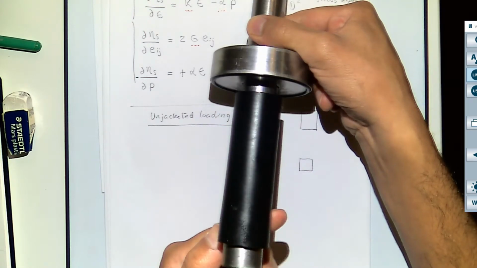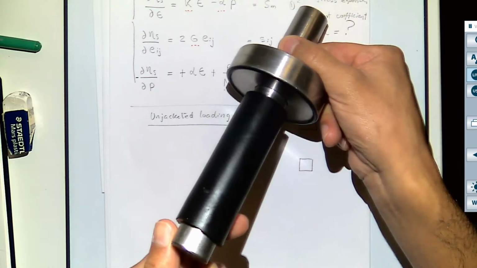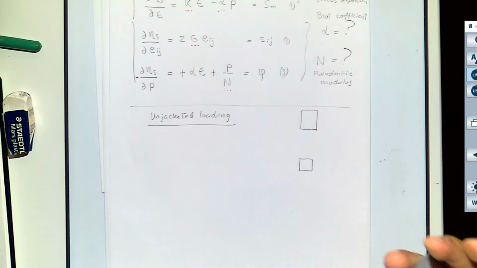Probably you're going to see very well in the video, but I want to show you anyways for those that will look at the video. But it looks something like this, right? So bottom end cap, top end cap, membrane, and inside you have the rock. And this membrane or jacket is what separates the confining fluid from the pore fluid inside. So you can apply a pressure outside or a confining pressure which is different than the pore pressure.